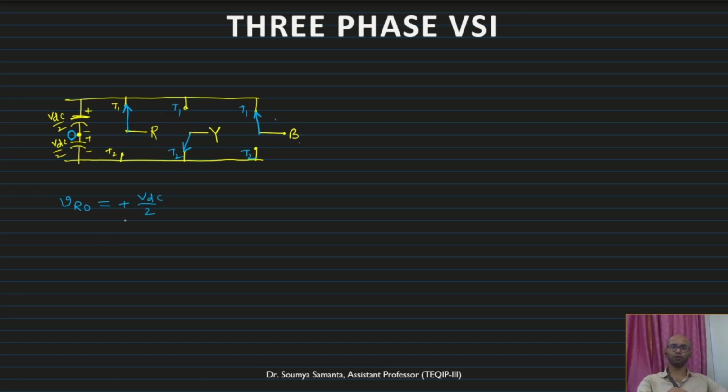Now what will VYO be? VYO will be minus VDC by 2, because this is connected to the negative DC bus. Similarly, VBO will again be plus VDC by 2. So this is for one combination.